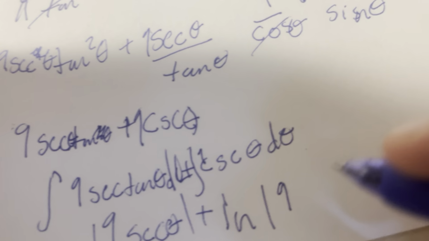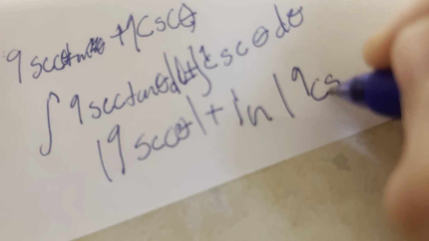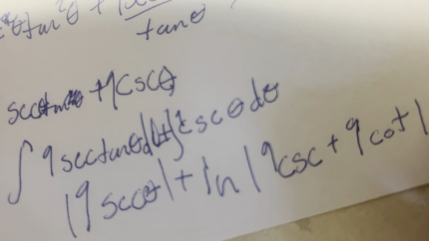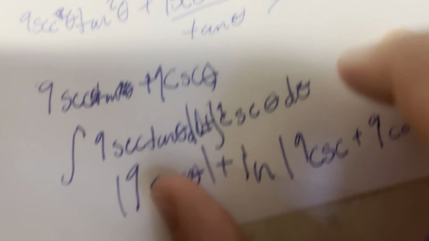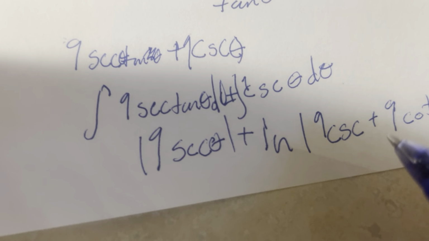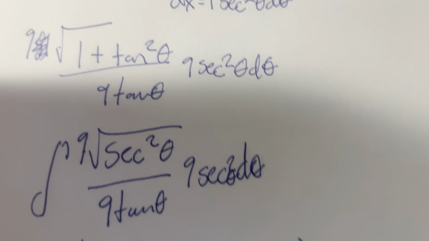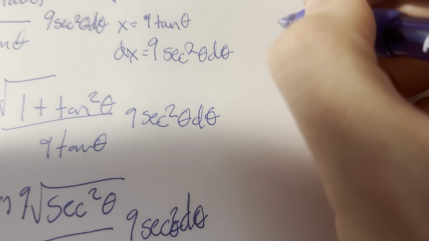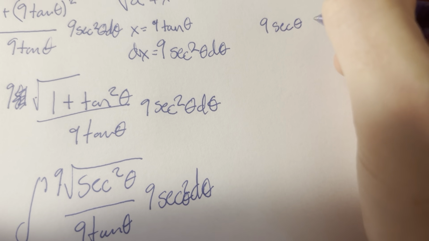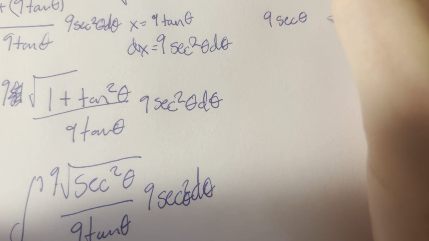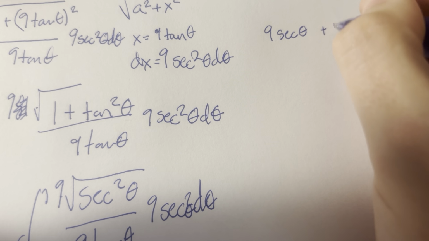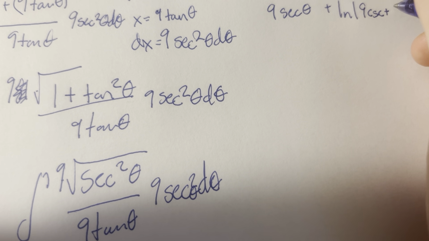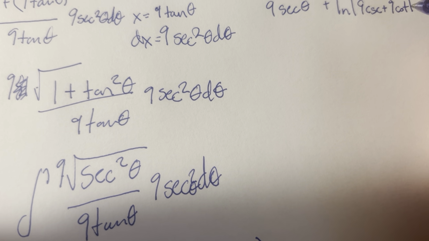So this would give us ln of the absolute value of 9 cosecant plus 9 cotangent. Now that we have solved our integral, the last step would be to reintroduce our substitution. So we can rewrite it as 9 secant theta plus ln, absolute value of 9 cosecant theta plus 9 cotangent theta.